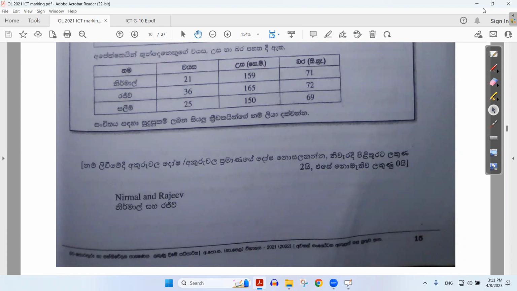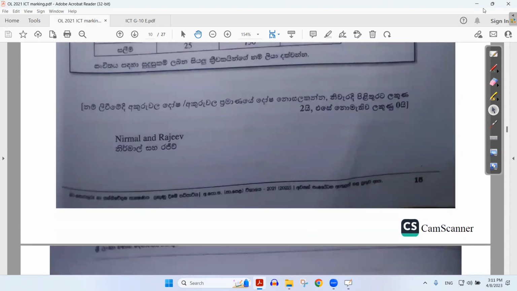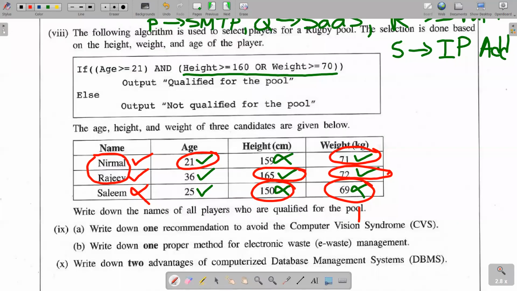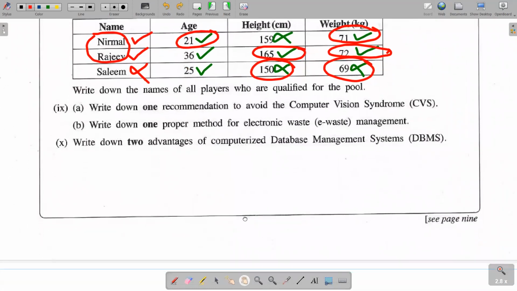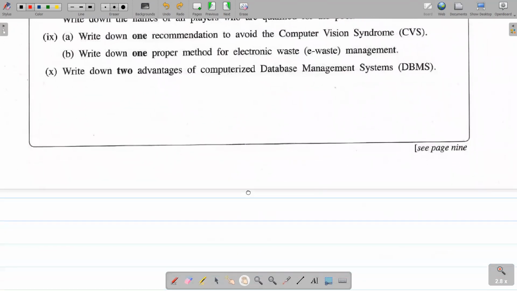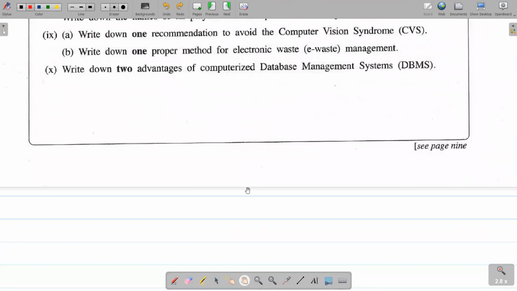Right. So the next question, number 9. Number 9 says, write down one recommendation to avoid the computer vision syndrome. Write down one proper method for electronic waste management.